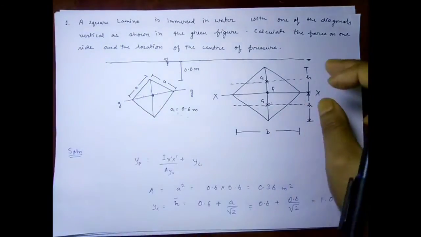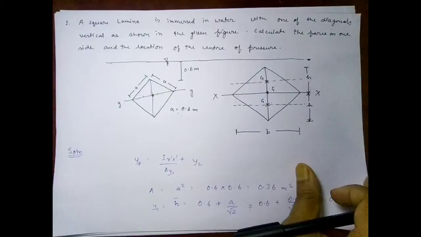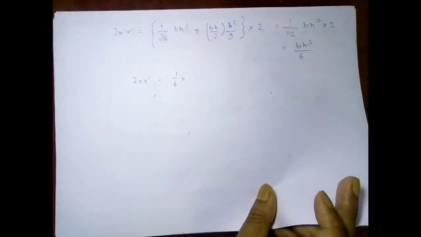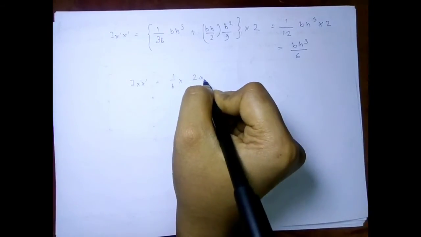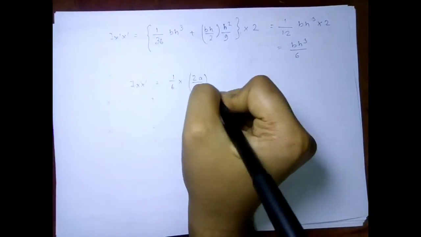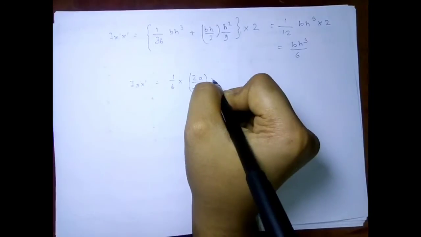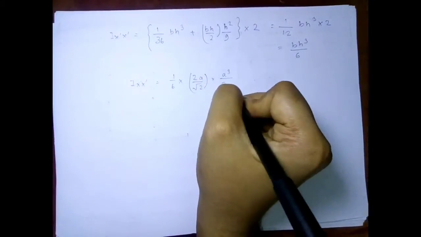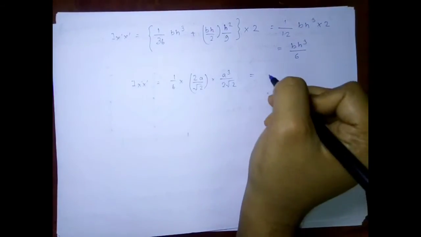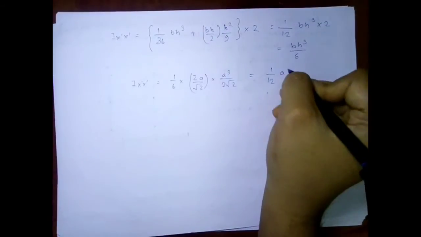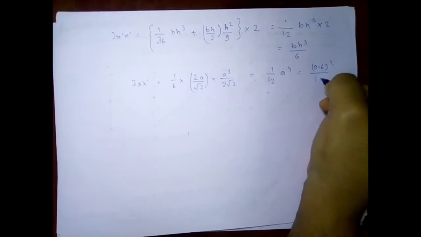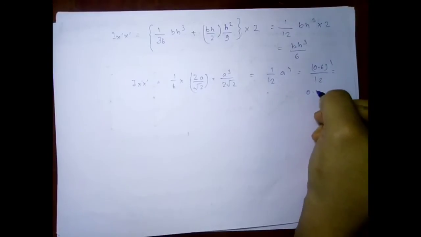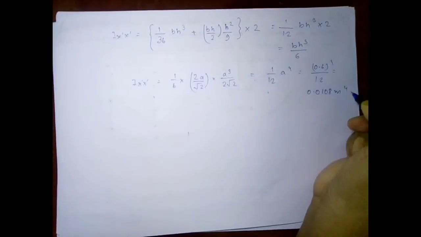We'll also get the value of B and also the value of H, which will be basically half of B. So you can apply simple geometry and mathematics to get it through Pythagoras theorem, and it will be 1 by 6 into 2a upon root 2 will be the B times a cube upon 2 root 2, and it will be equal to 1 by 12 a to the power 4, and that is equal to 0.6 to the power 4 by 12, and that is 0.0108 meters to the power 4.